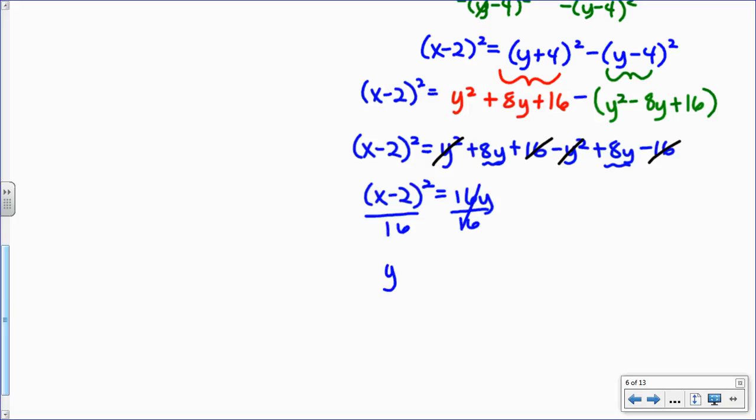So I have y equals (x minus 2) squared divided by 16. And I need to clean that up a little bit so it looks like an actual quadratic equation. This is my a value, I just need to move it out front. So instead of divided by 16, that's the same thing as multiplying by 1/16.